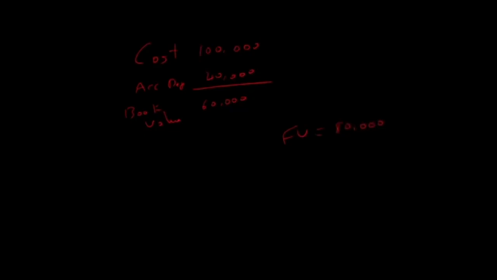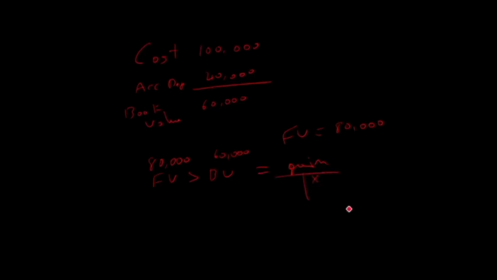If the fair value is 80,000, the fair value is greater than the book value, then you would record a gain. And hopefully you know that a gain is recorded by a credit, not a debit.